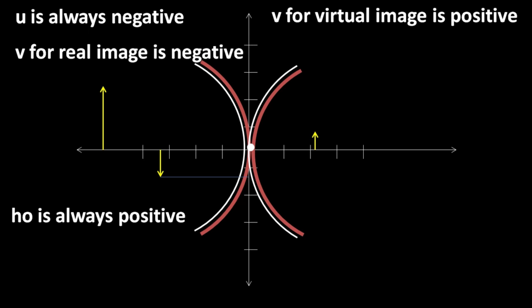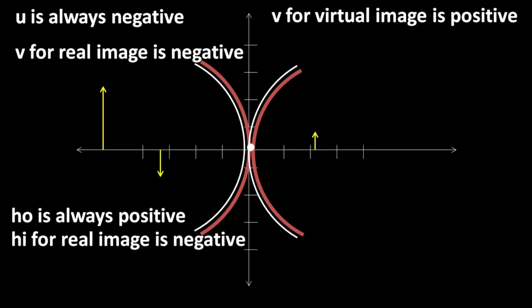The height of real image is again measured from its tip on the y-axis. Y-axis below the origin is negative, so we get height of image for real image is negative.